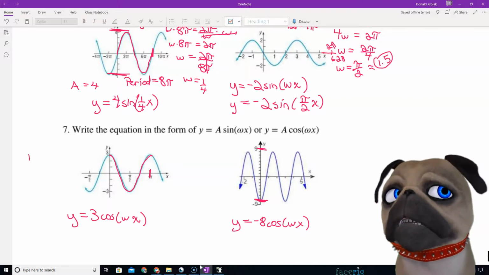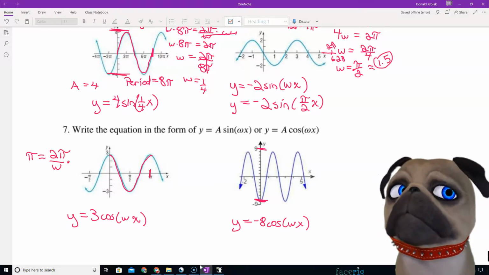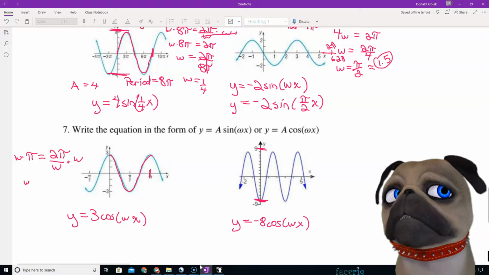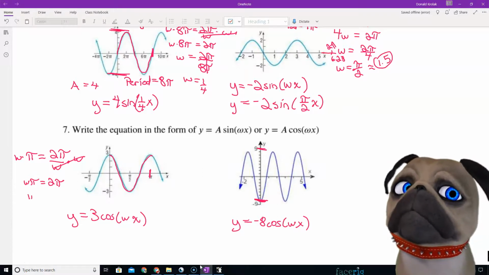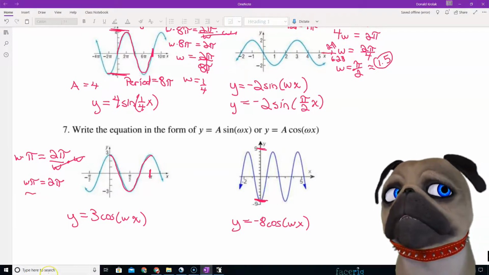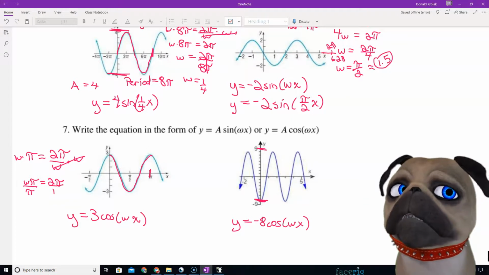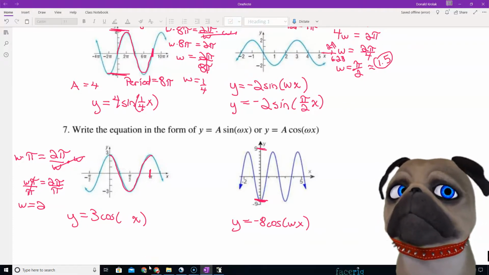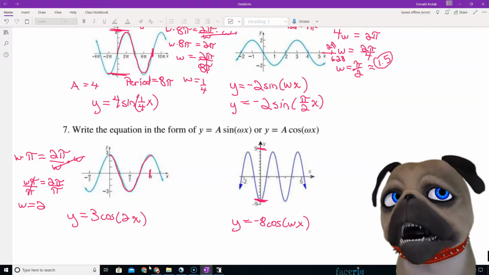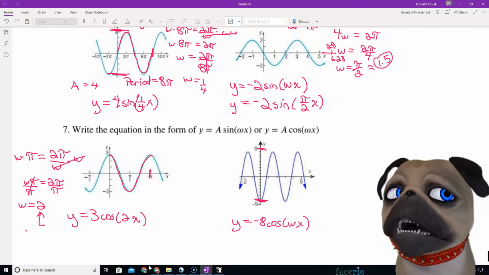So the period is pi. So our frequency is going to be 2. Omega is the frequency. If we were to draw this all the way out to 2 pi, we'd see 2 cycles between 0 and 2 pi.